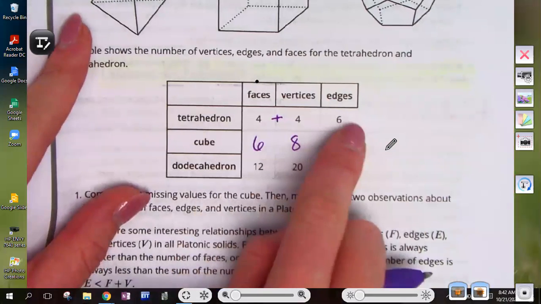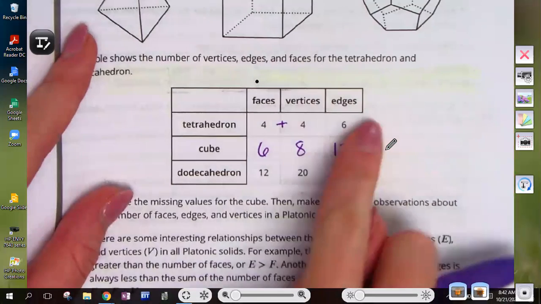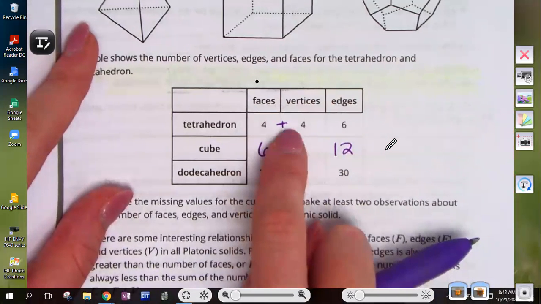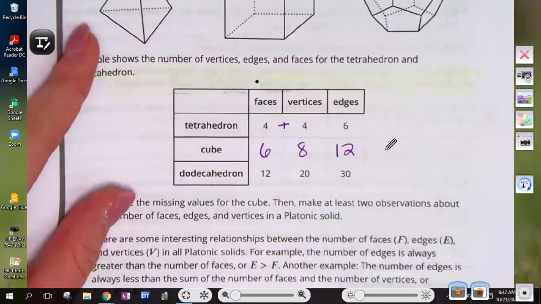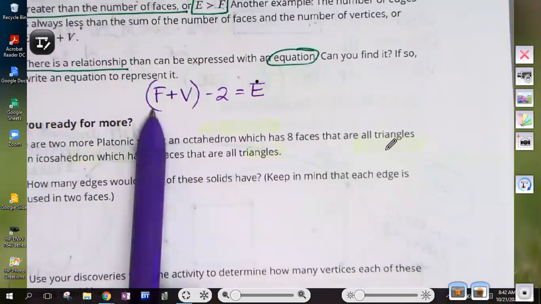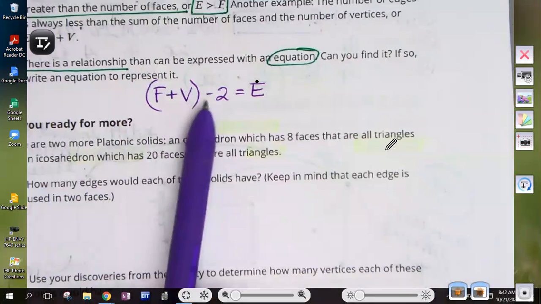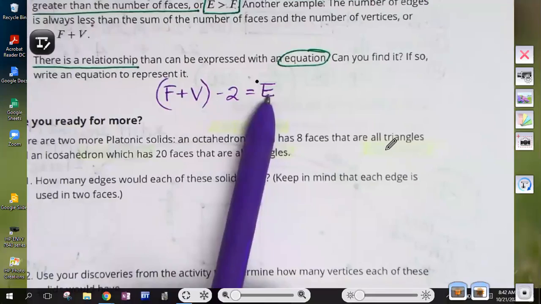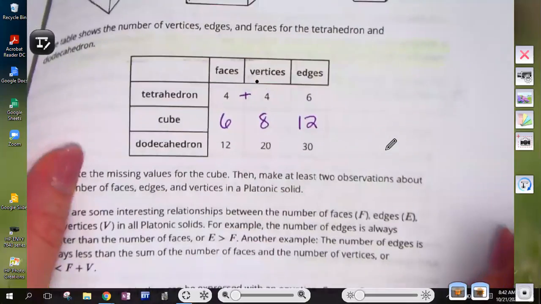Okay, and we said that just like the constraint said, the edges is always going to be less than the faces. Was 6 less than 8? How much less than 8 is it? 2. So he took the faces and the vertices, added them together, and then he subtracted 2, and that equaled the edges, right? Okay, let's see if it's true for the next one.